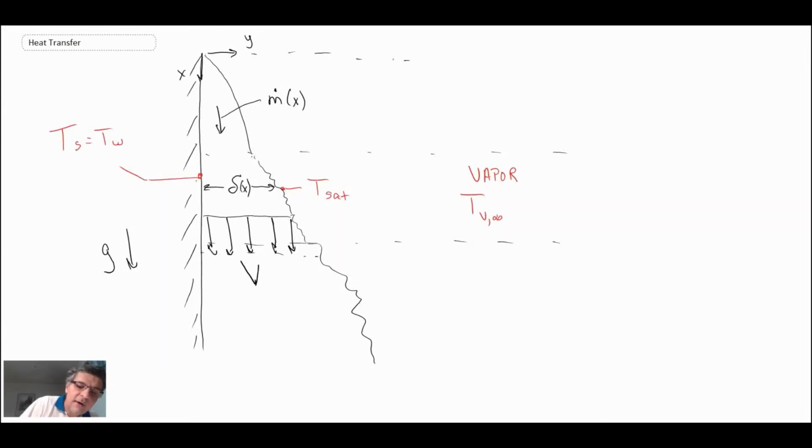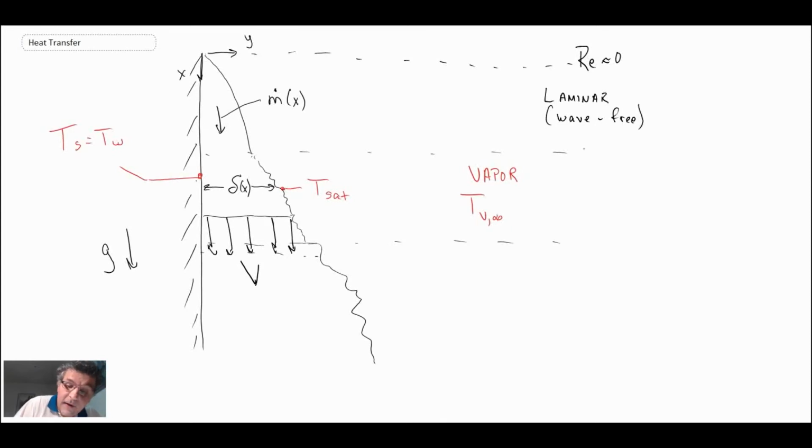So if we look at the top, this is where we have Reynolds number approximately equal to 0. In this region, we refer to it as being laminar, and it's also called wave free.